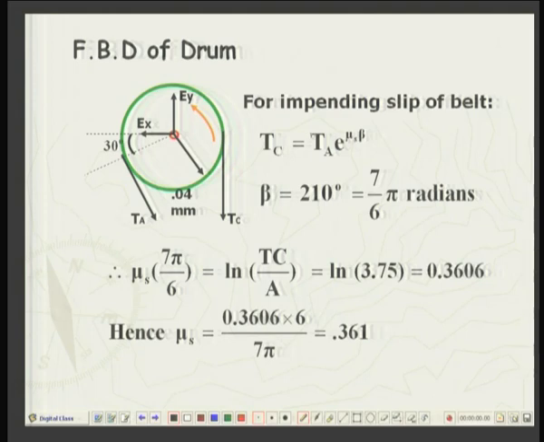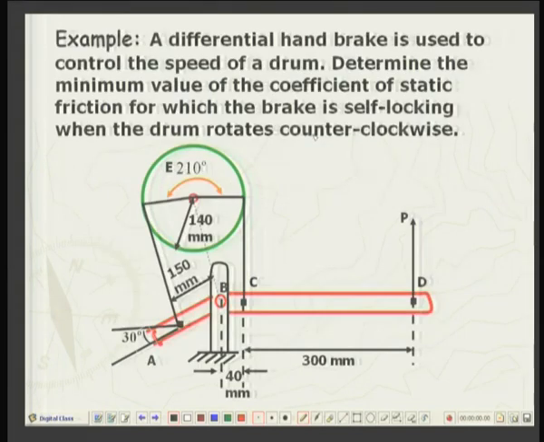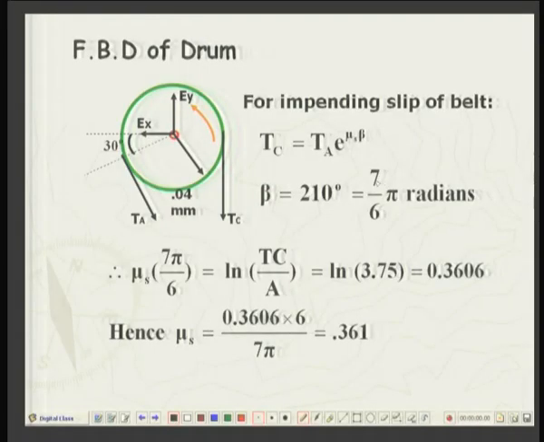So, TC over TA is equal to e to the power coefficient of static friction times the angle of wrap. Now, what is the angle of wrap? It is given as 210 degrees, which is equal to 7/6 pi radians.